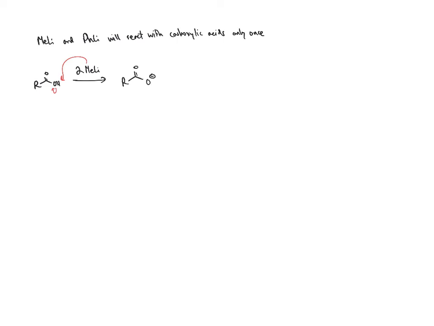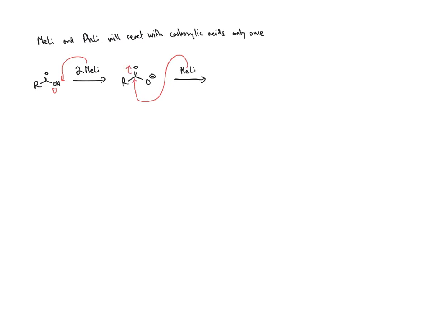And normally we said that this carboxylate is unreactive to nucleophiles, right? It's all the way to the left in the reactivity series. The exception is with methyl lithium and phenyllithium. And so the second equivalent of methyl lithium comes along and will react with the carbonyl, right?